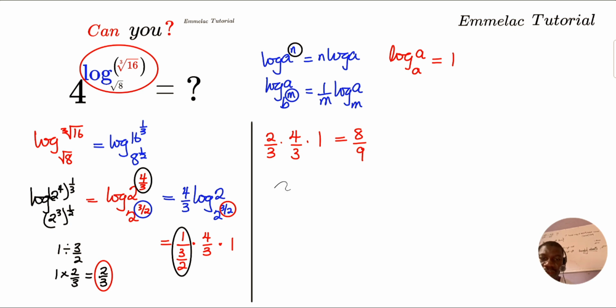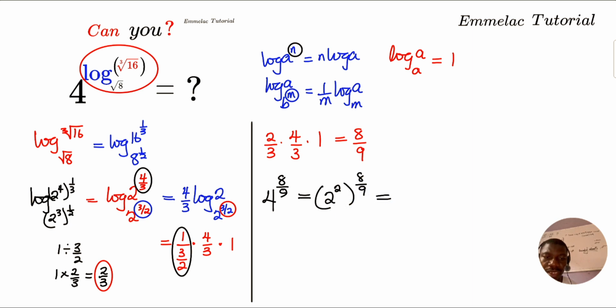So here we then have 4 raised to 8 over 9. To this end, you can either leave it like this, which we can also rewrite as 2 squared raised to 8 over 9.